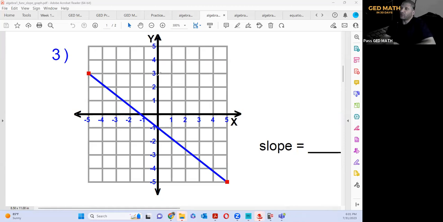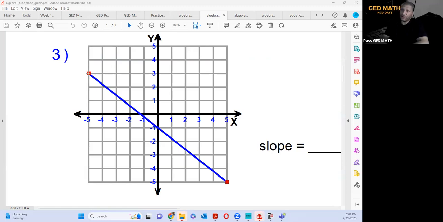All right. So first of all, when you get a graph, the first thing I want you to do is identify if the slope is positive or negative. So if I asked you, is this slope positive or negative, what would you say? Positive. Why would you say positive? It doesn't matter what side it's on, but from the leftmost point to the rightmost point.